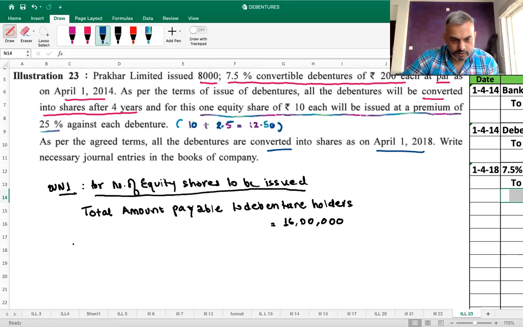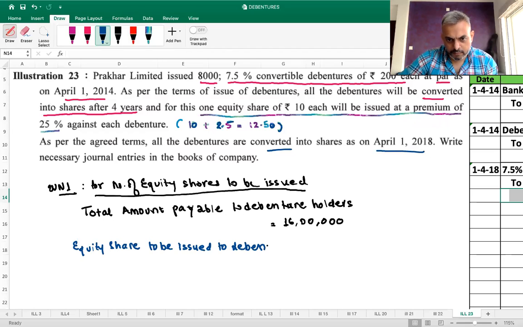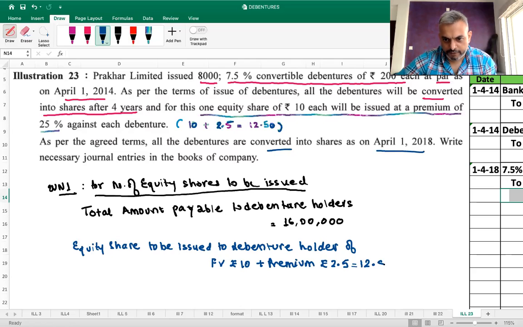So equity share to be issued to debenture holder of face value rupees 10 plus premium rupees 2.5, which is equal to 12.5 per share.